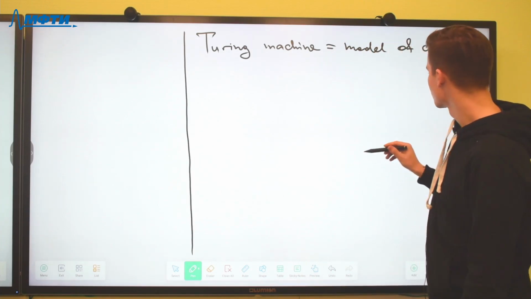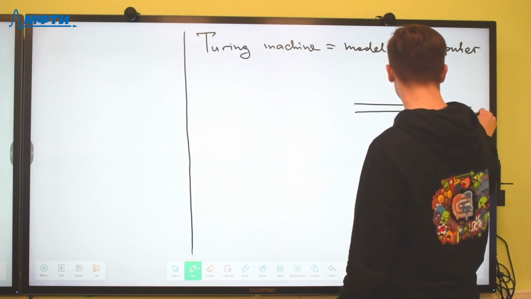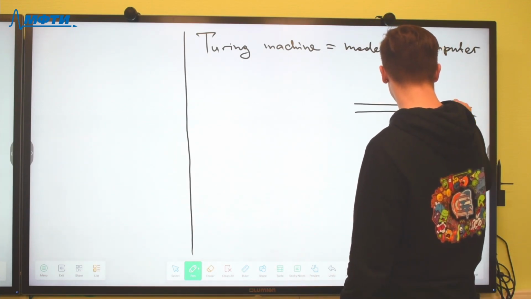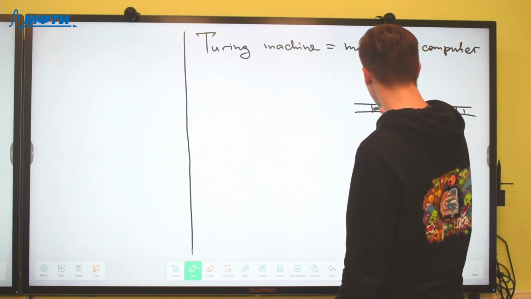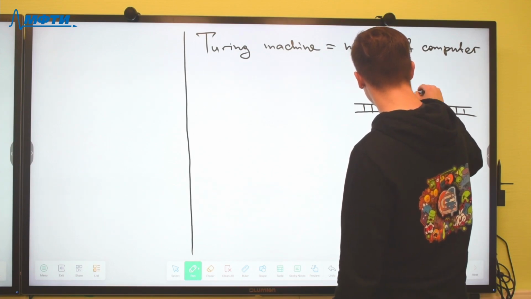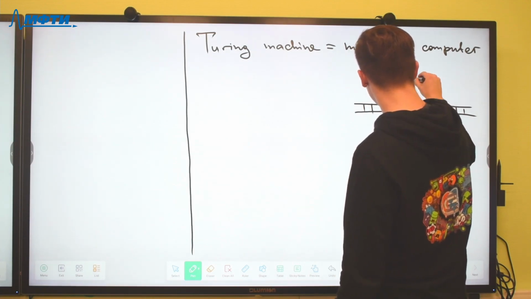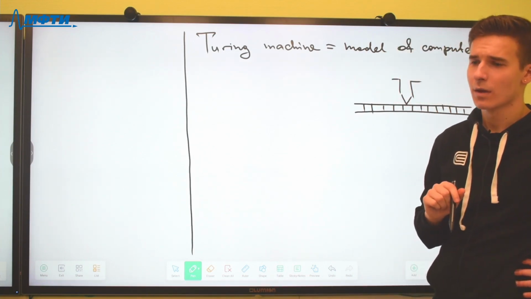What does it mean? You have an infinite string. We talked about it when we talked about finite automata.